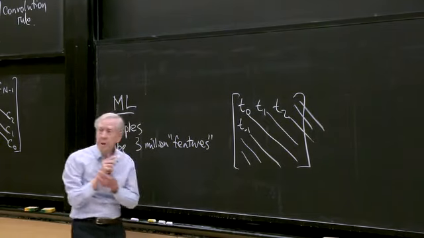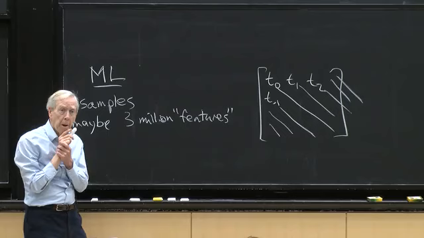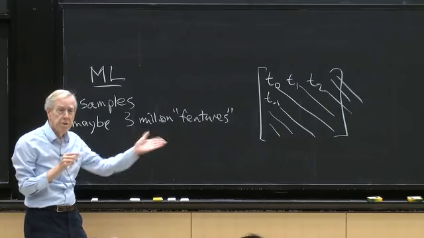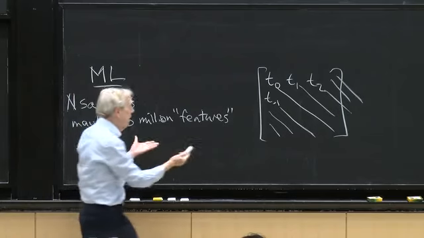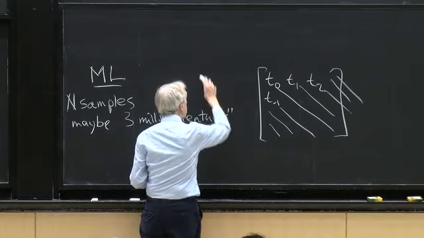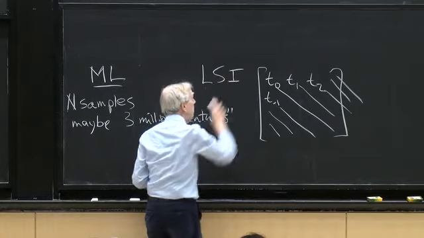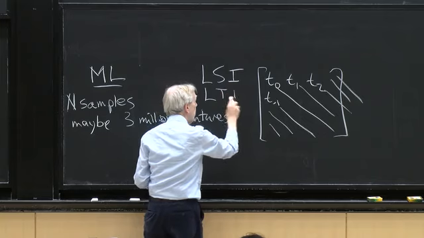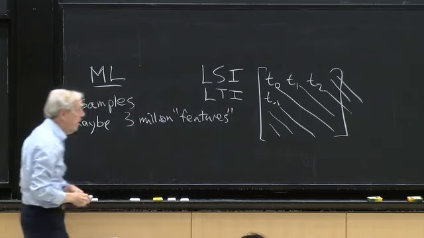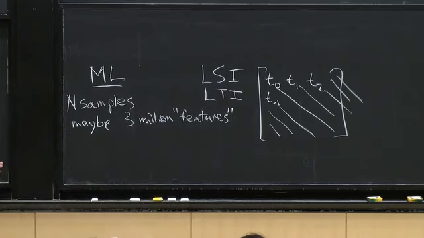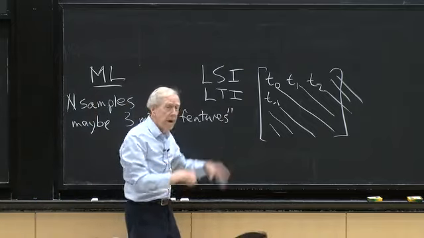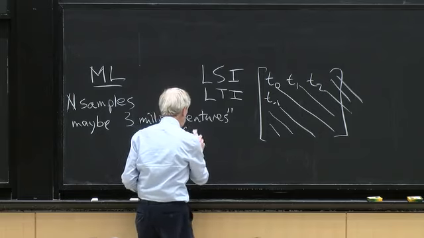So what are these matrices called? Well, they have a bunch of names because they're so important. They're linear shift invariant, or linear time invariant, whatever is the right word in your context. They're convolutions. You could call it a convolution matrix.